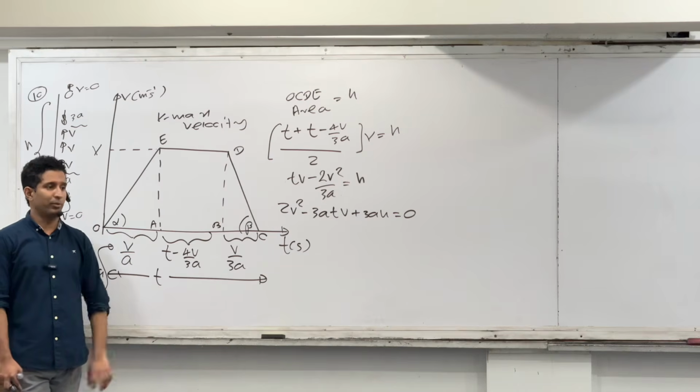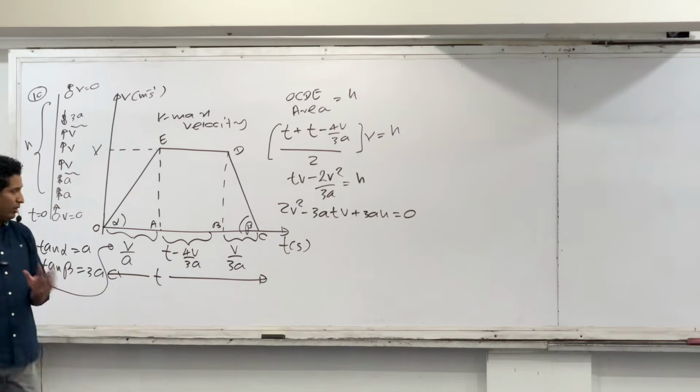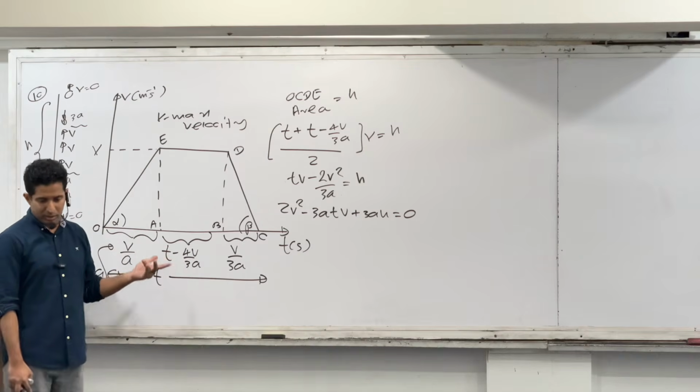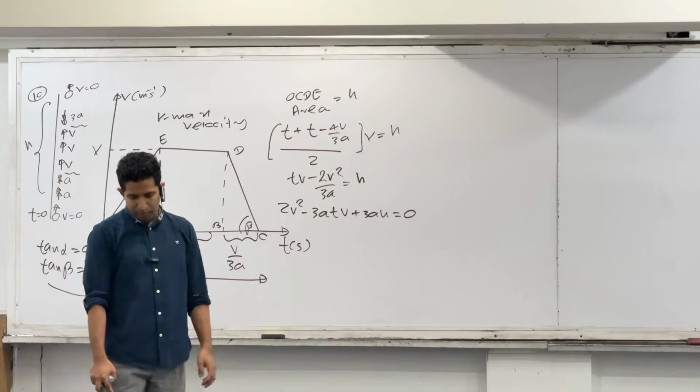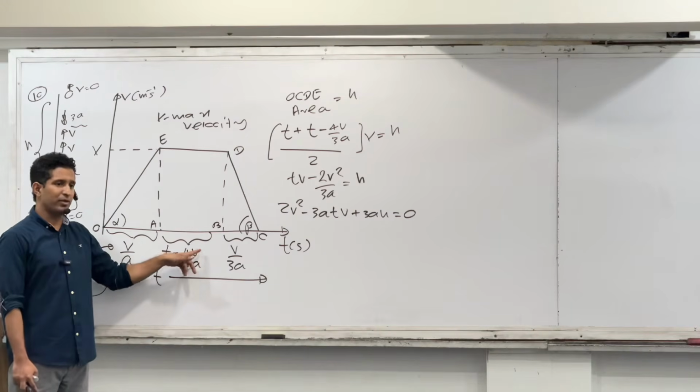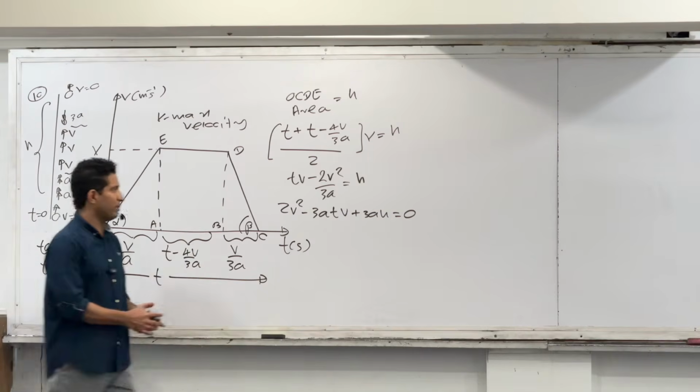Apply the quadratic formula. The time for which it ascended with the constant velocity, we need to find, so we only need to find V. V was my only unknown.